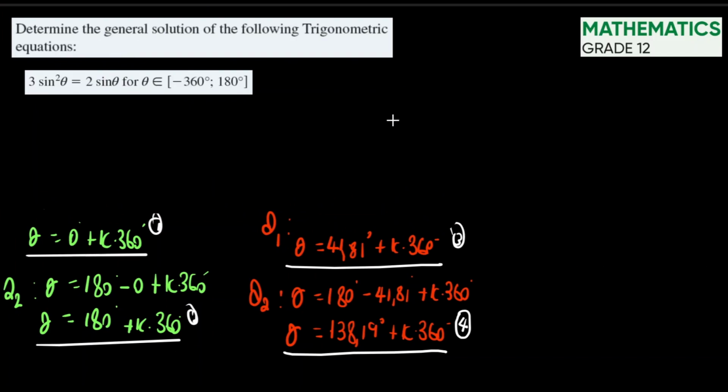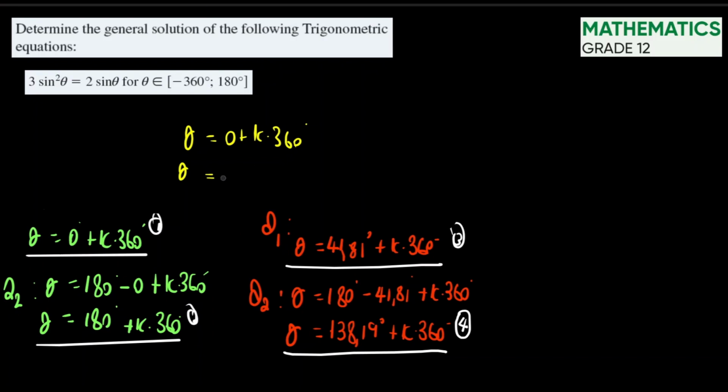So we have to construct a table where let's write down theta is equal to 0 plus k times 360 degrees.